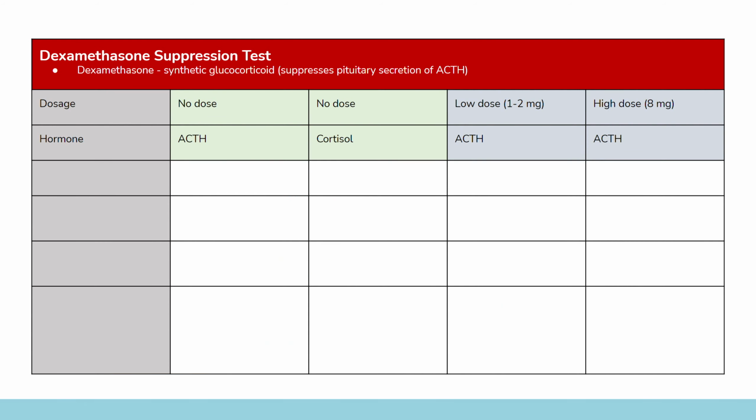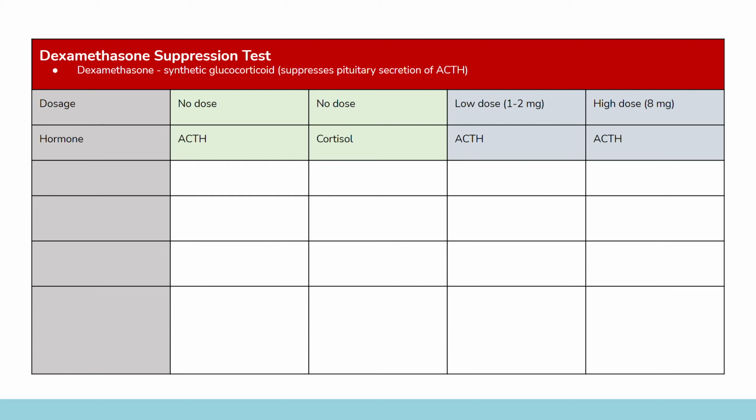Okay, so onto the dexamethasone test. So dexamethasone is a synthetic glucocorticoid, so it's like a cortisol fill-in. And basically the aim of it is we're trying to give dexamethasone to see how it affects the feedback loop. So what we do is we first test the ACTH and cortisol levels in the patient, and then we give them a low dose of dexamethasone and retest the ACTH.